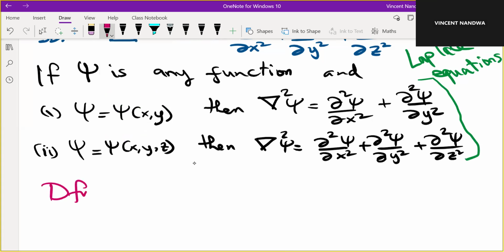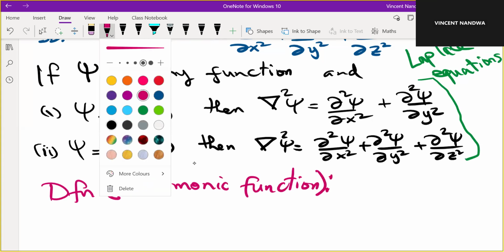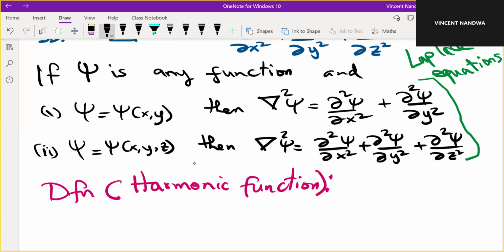So having known that, we can define a harmonic function. It has a pretty easy definition. It's simply a function that satisfies the Laplace equation.